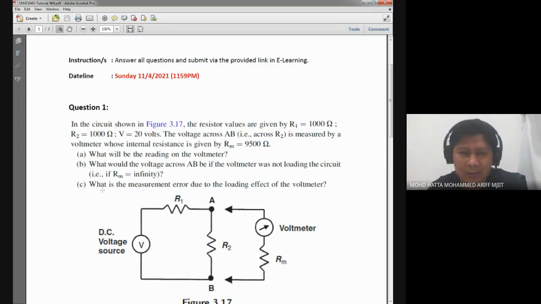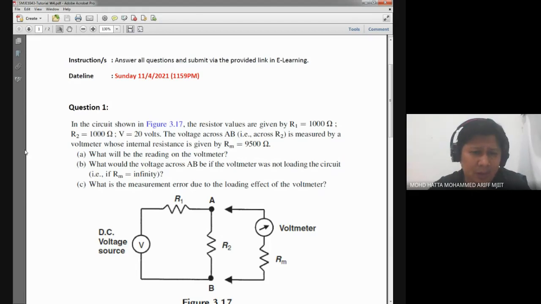looking at the question, it says here, in the circuit shown, the resistor values are given by R1 = 1000, R2 = 1000, and V, the DC voltage source, equals 20 volts. The voltage across AB, i.e. across R2, is measured by a voltmeter whose internal resistance is given by Rm equals 9.5 kilo ohm.